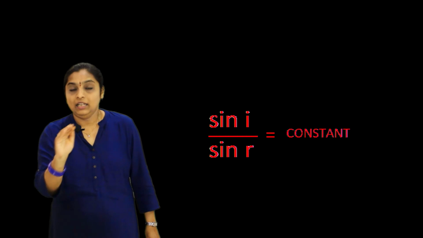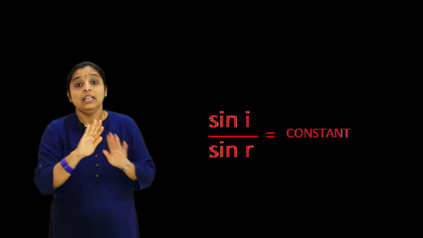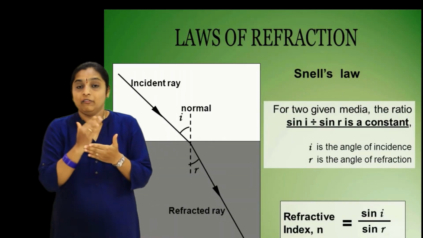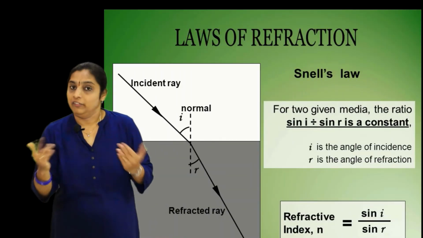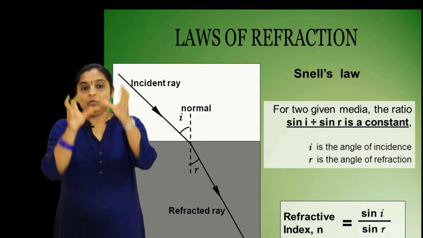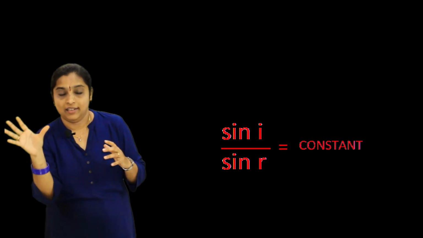And the second law is that the ratio of sine of angle of incidence to sine of angle of refraction is constant for a given pair of media and for a given wavelength of light. So what does this mean? Second law means sine of angle of incidence divided by sine of angle of refraction is equal to a constant.